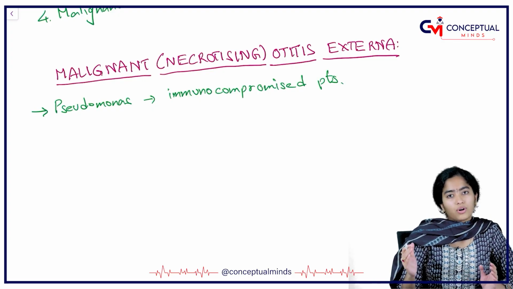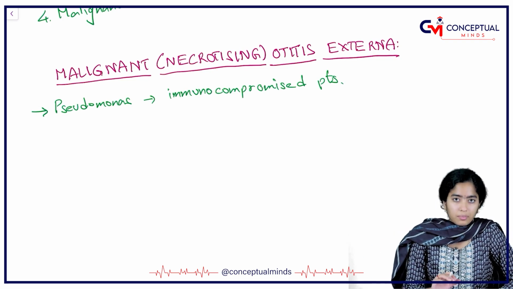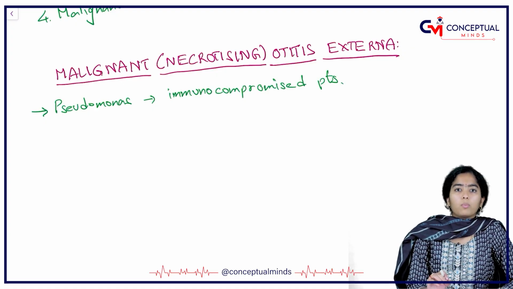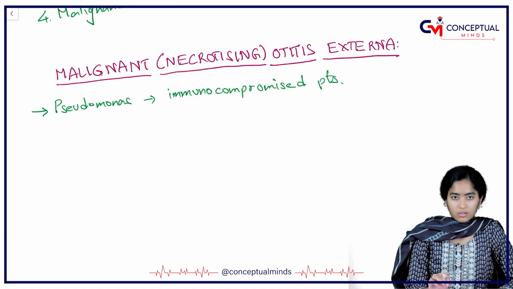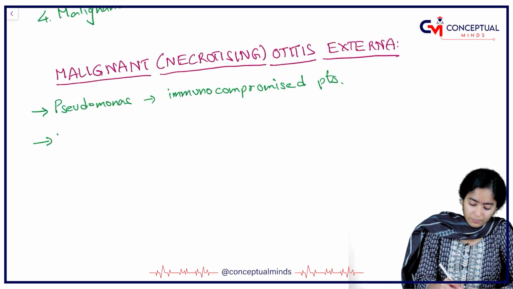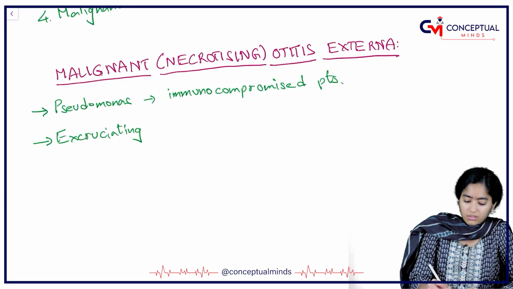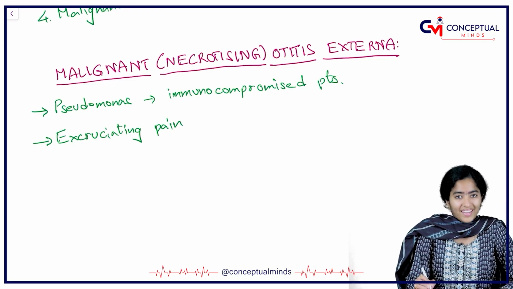All of them fall under the immunocompromised category, and if they happen to get infected by Pseudomonas, that will lead to malignant otitis externa, and they will have excruciating pain. Normally also otitis externa is painful, but here it is very severe, excruciating pain.